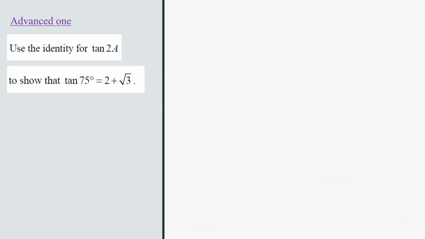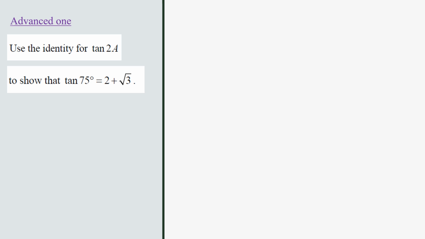Let's look at the last question, which is considered to be an advanced question because it tests you not just on knowing how to apply the formulas, it also tests you on how good you are at managing algebra. In this question specifically, you are asked to use the identity for tangent 2A.